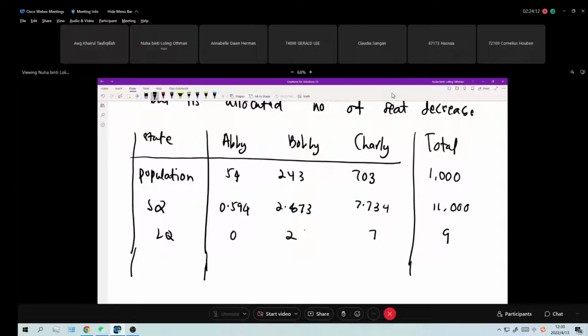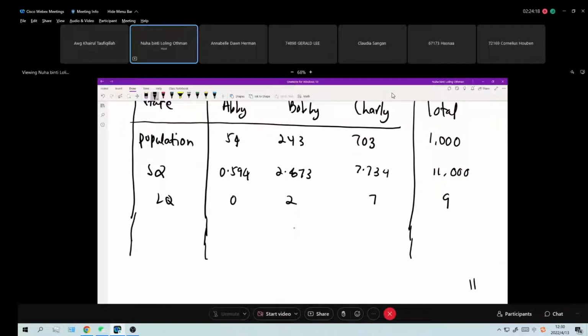You know that there are 11 candies here, so when using the lower quota, we round down. Abby gets 0, nothing, Bobby gets 2, and 7 for Charlie. So there are 2 extra.